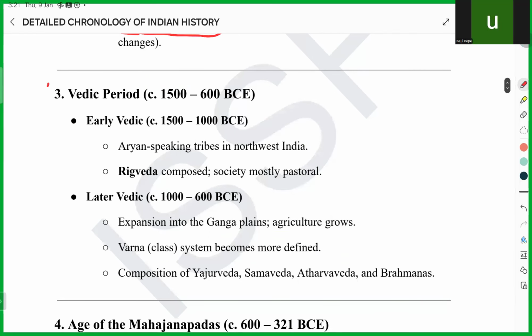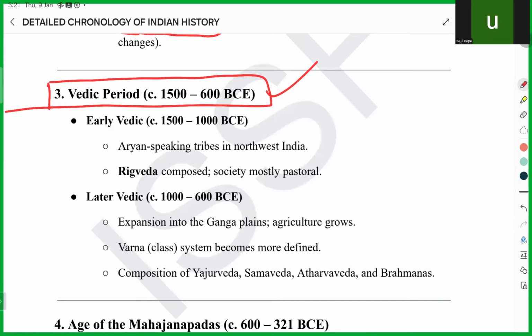Then came the Vedic period. After the collapse of the Indus Valley civilization came the Vedic period. It was divided into two: early Vedic and later Vedic. In the 2024 mains, they had asked a question about the difference in lifestyle between the early Vedic period and the later Vedic period.